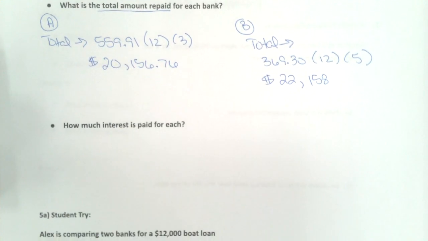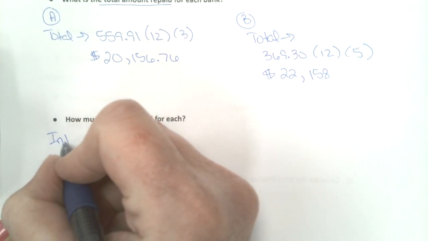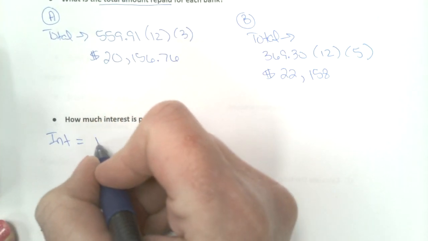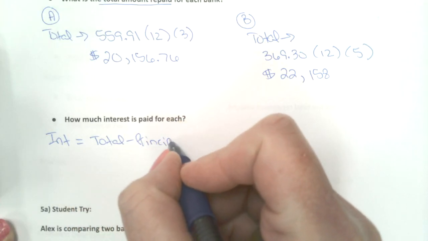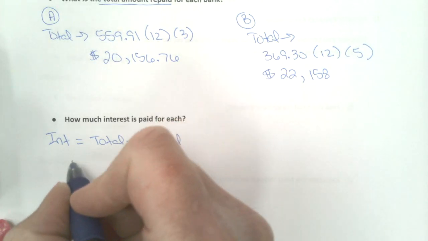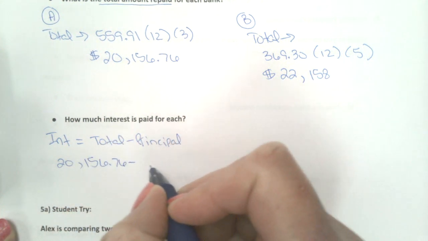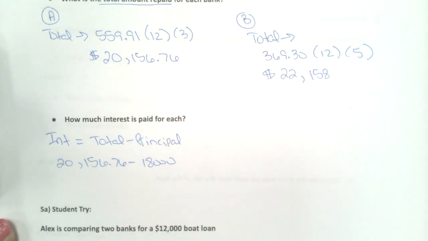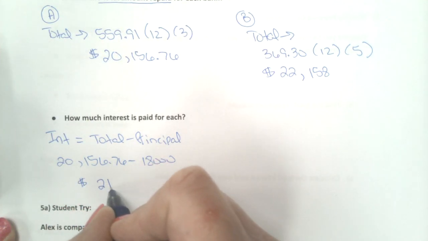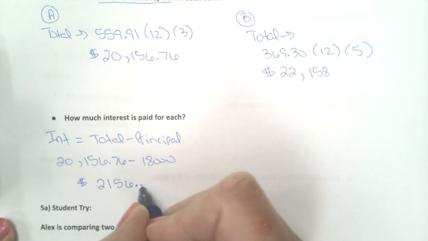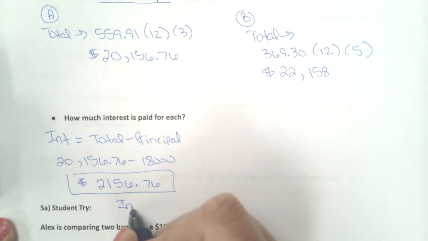How much interest is paid for each? So you have to remember, to find the interest, you take the total minus your principal. So at Bank A, it's $20,156.76 minus $18,000, which means that I paid $2,156.76 in interest.